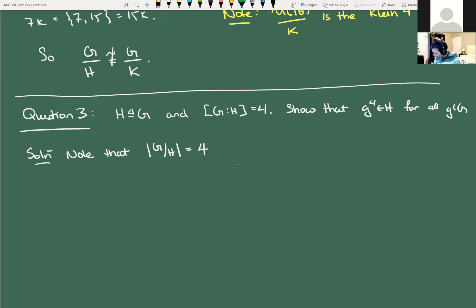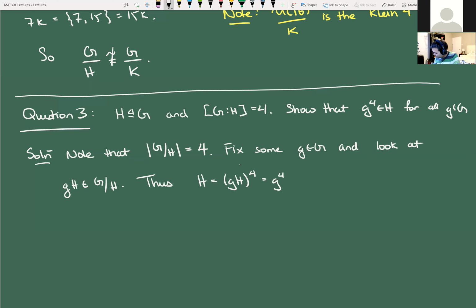So this is our key: fix some g in G, and look at the coset that it generates in G mod H. If I raise this thing to the power of 4, which is the order of the group that this coset is in, I must get the identity back, right? So H is equal to (gH) to the power of 4, which is by definition g to the 4 times H.